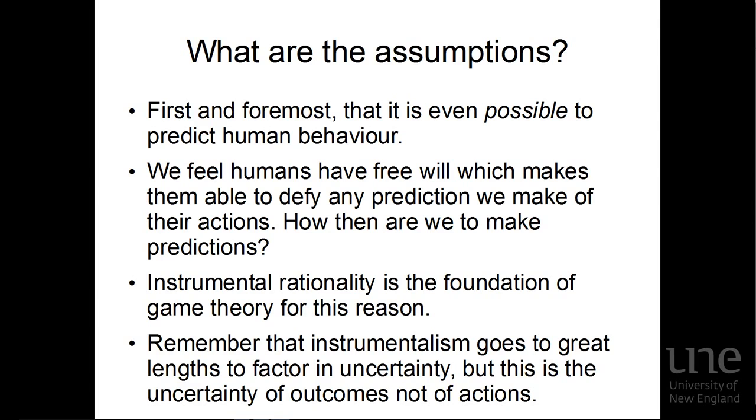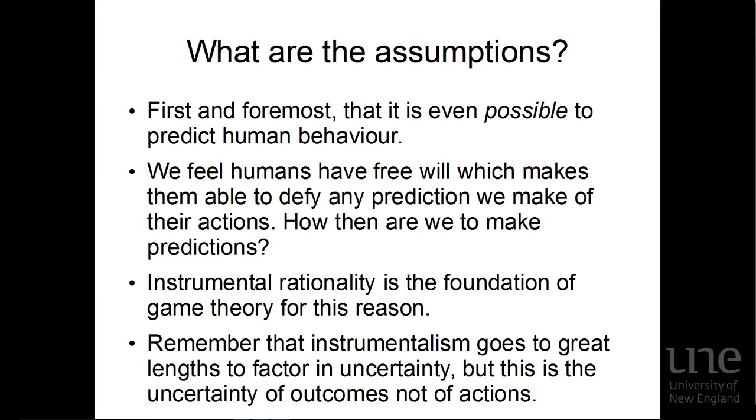So, first up, which isn't the first question, what are the assumptions? Well, first and foremost, we need to know that it's even possible to predict human behavior. We need to assume that there is a way to predict human behavior in order to even start the whole project of game theory, and that is predicting human behavior in interactive situations.